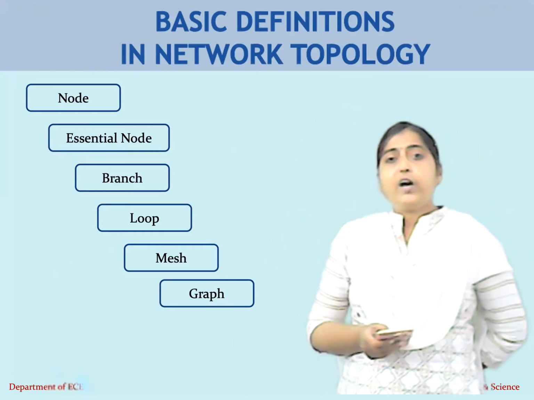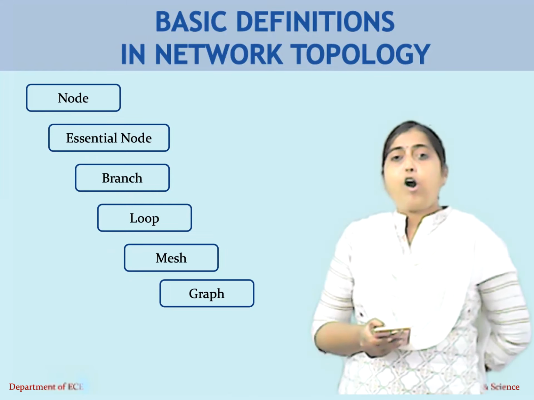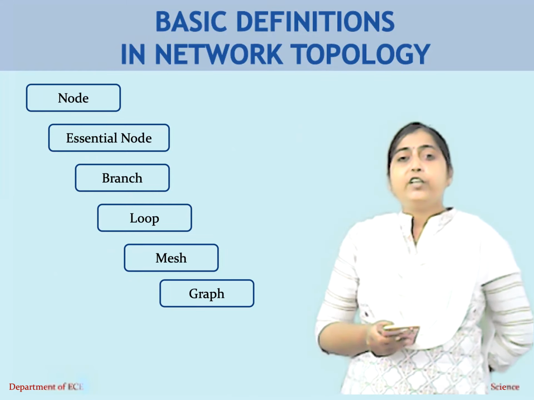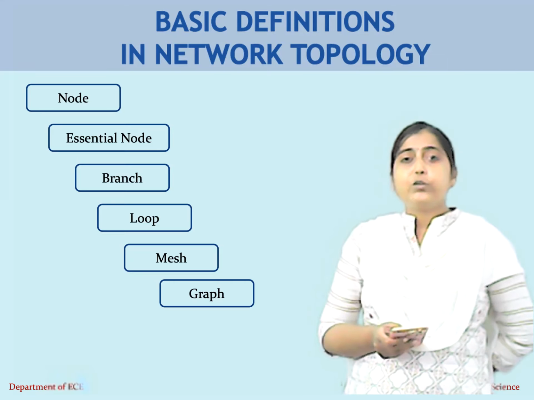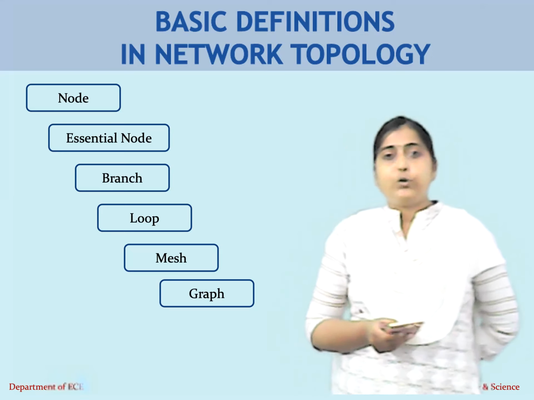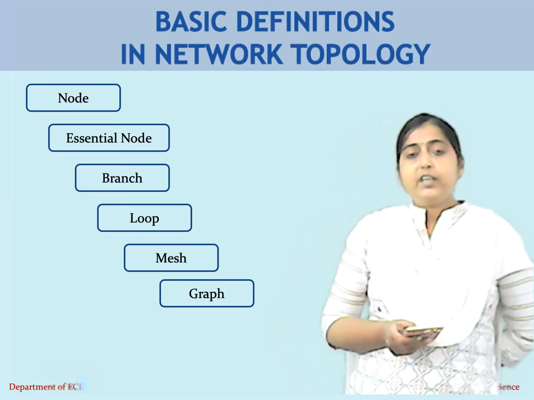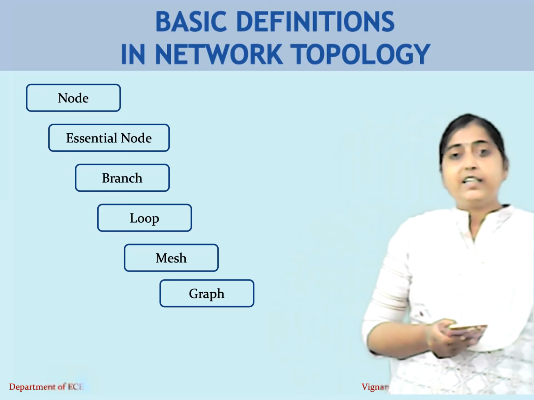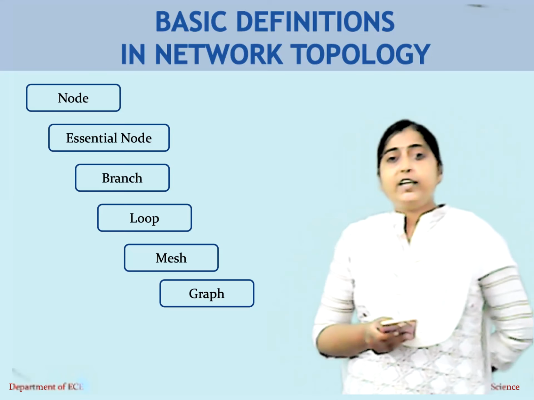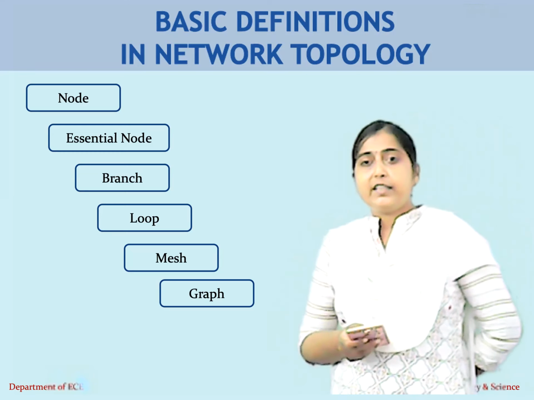In order to understand network topology in a better way, you need to be thorough in a circuit. How do you identify the total number of nodes in the circuit? How many essential nodes are required? How many branches are there in the circuit? How many loops are there? How many meshes are there?